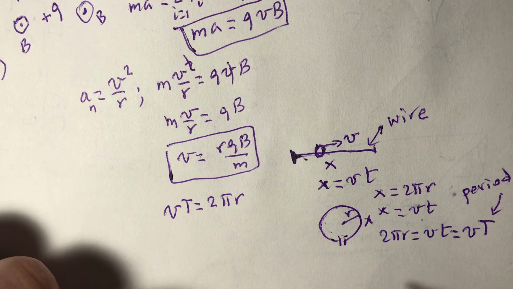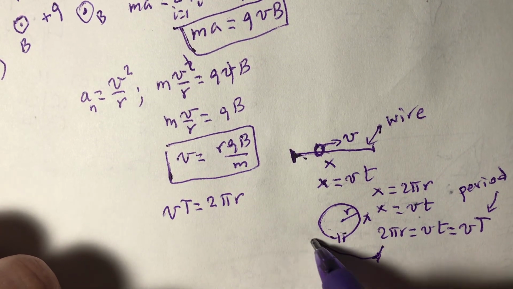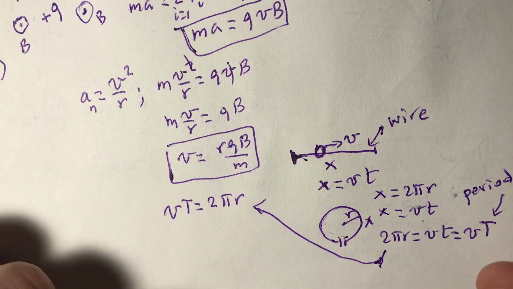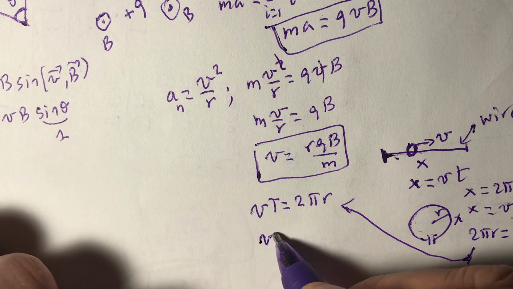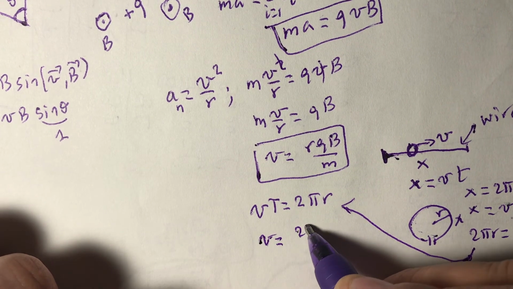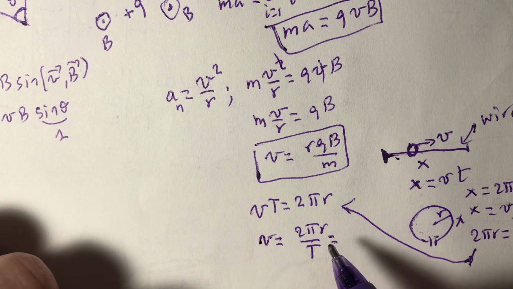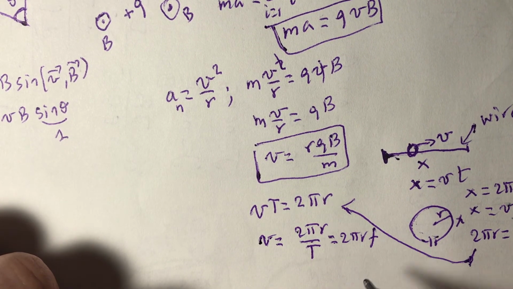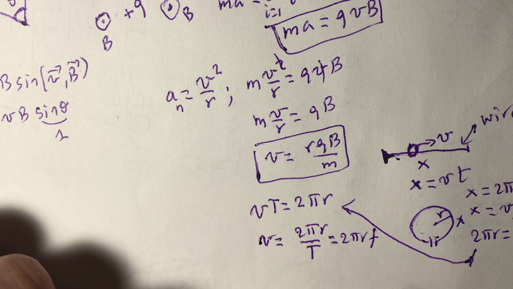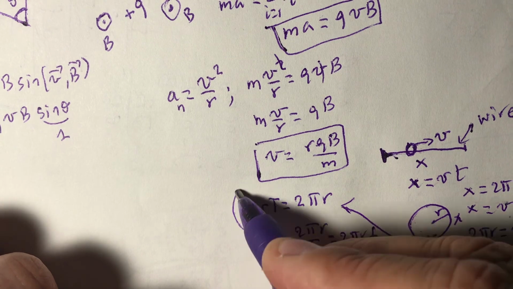Now I have this formula. See that formula there. Now v is equal to 2 pi r over t, but 1 over t is the frequency, so this is 2 pi r times the frequency. Now this v here is equal to that v.